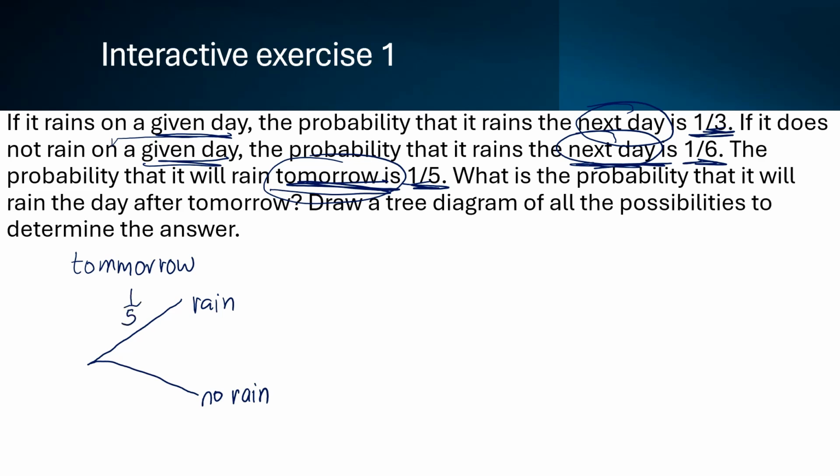The probability that it will rain tomorrow is 1/5. Remember that the sum of the probabilities in the branches must equal 1. So you can determine this one by saying 1 minus 1/5, which will give us 4/5.